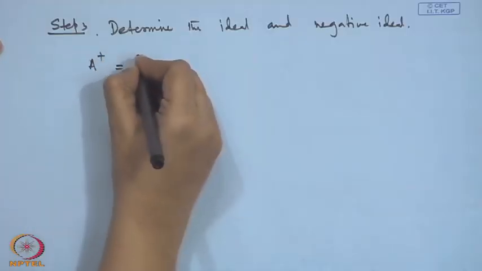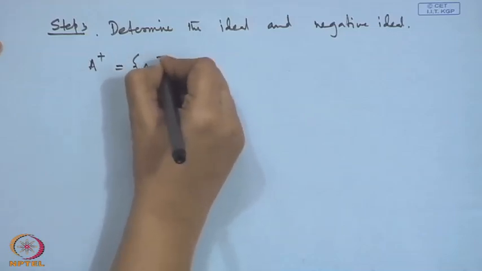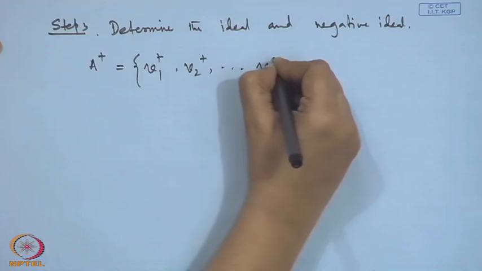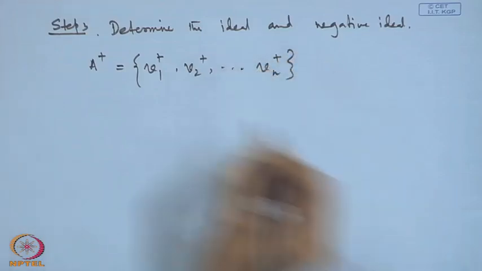But if it is so, then what is the solution for it? That is termed the ideal solution. Mathematically, we can say the ideal solution, say I call it A plus, is V1 plus, V2 plus, up to Vn plus, because we have n criteria.